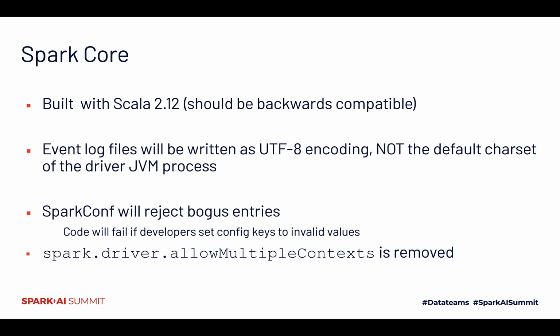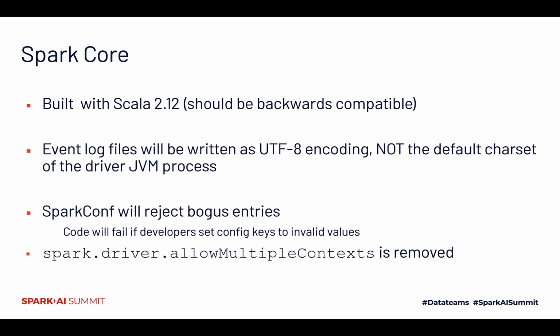Other changes. Stricter enforcement of Spark configurations. So Spark used to be somewhat forgiving. If you put invalid entries in your Spark configuration, for example, you set keys to invalid values, sometimes Spark would ignore those invalid values and run anyway. Spark 3.0 is moving to a fail fast mindset. If it reads an invalid entry in the configuration files, it will generate an error.